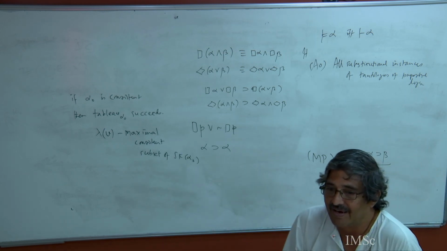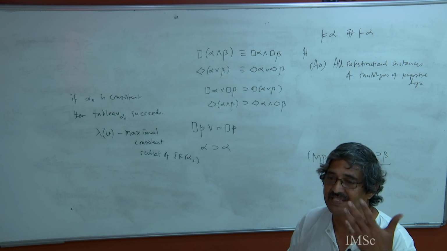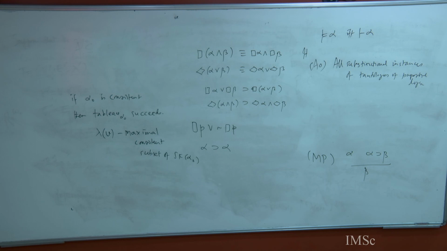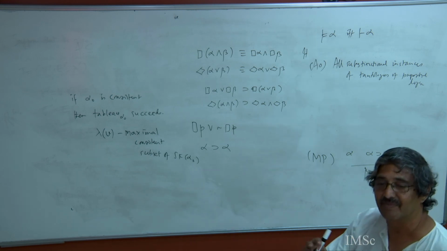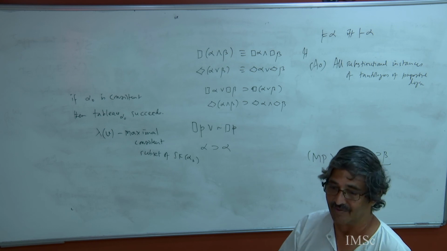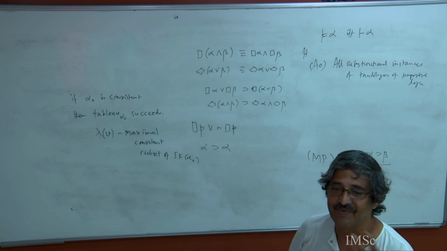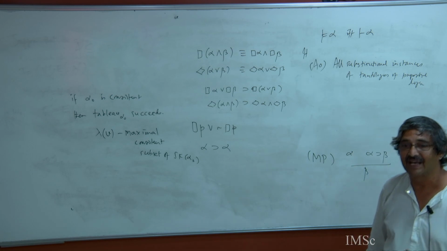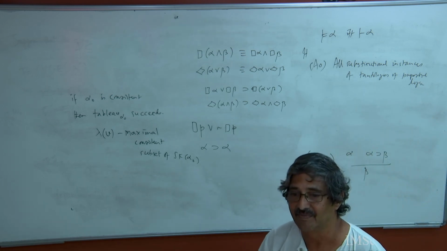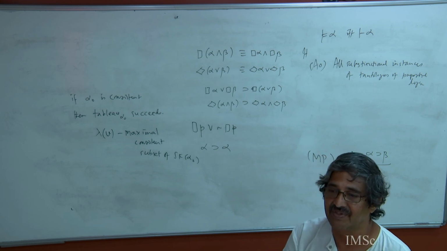And the other way, if alpha is satisfiable, by soundness it is consistent. So we show that alpha is satisfiable if and only if it is satisfiable in a bounded size model. That immediately gives a decision procedure. Now, we already have a decision procedure. I am just saying that this is a generic technique whereby you show the completeness of the axiom system and the decidability of the satisfiability problem in one shot.